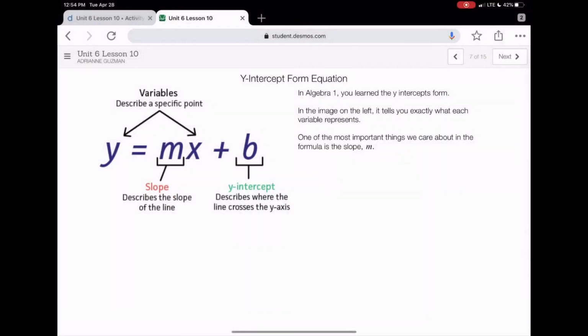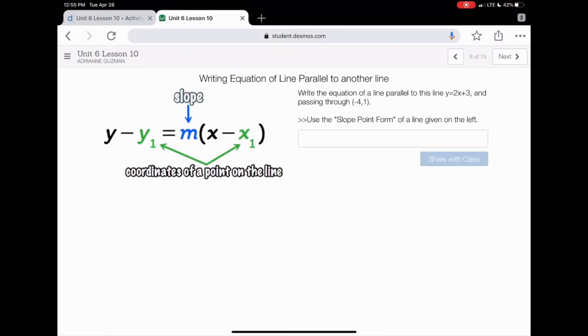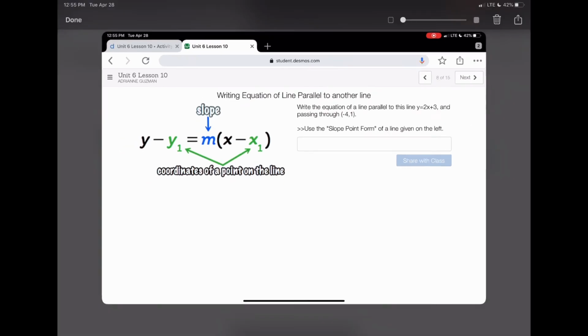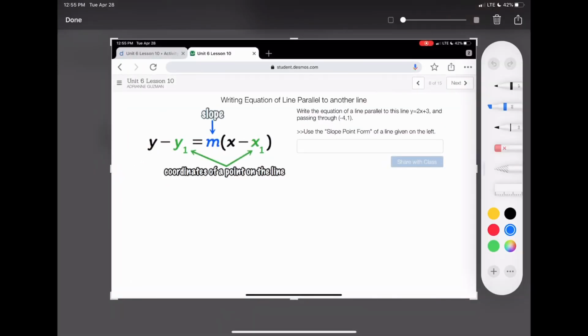Now, with that being said, let's go back to our point slope form for a second. I'm asking you to write an equation of a line that is parallel to y equals 2x plus 3 and passing through a specific point. So remember, they give you that point here. This is your x, this is your y.